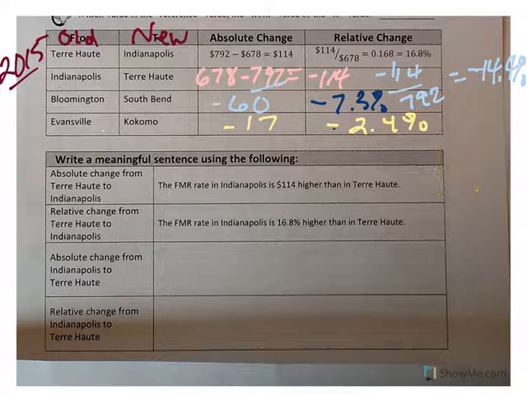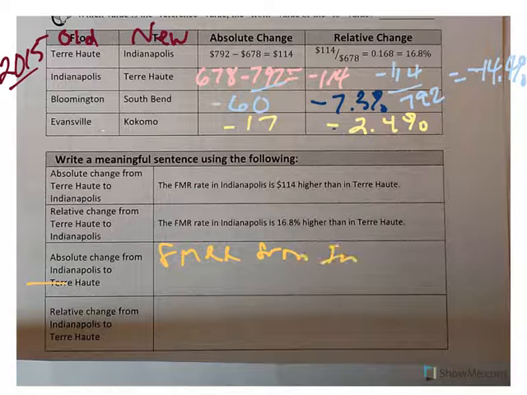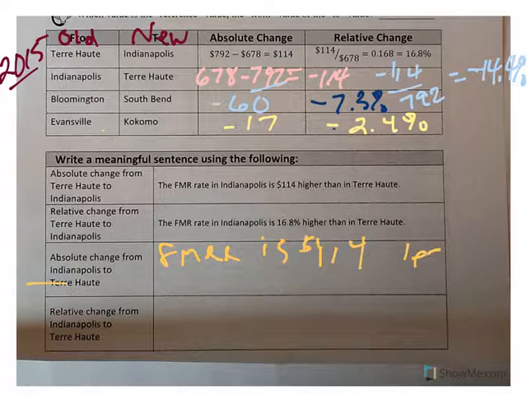Now, when you're talking about meaningful sentences, from absolute change from Indianapolis to Terre Haute, and I kind of talked about this, the fair market rental rate is $114 less in Terre Haute than Indy, right?